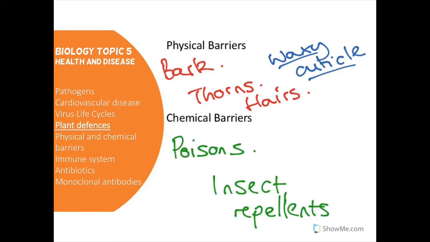Lots of plants have also developed poisons through evolution, and also insect repellents. So they'll give off chemicals which will physically repel insects and stop them being ate. So they are plant defences.